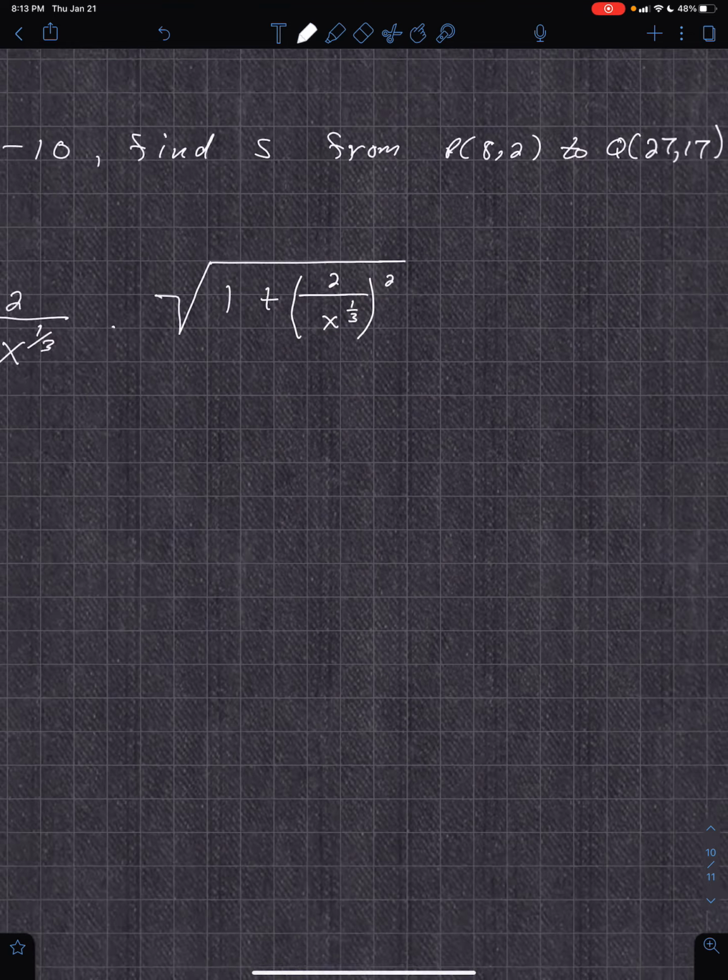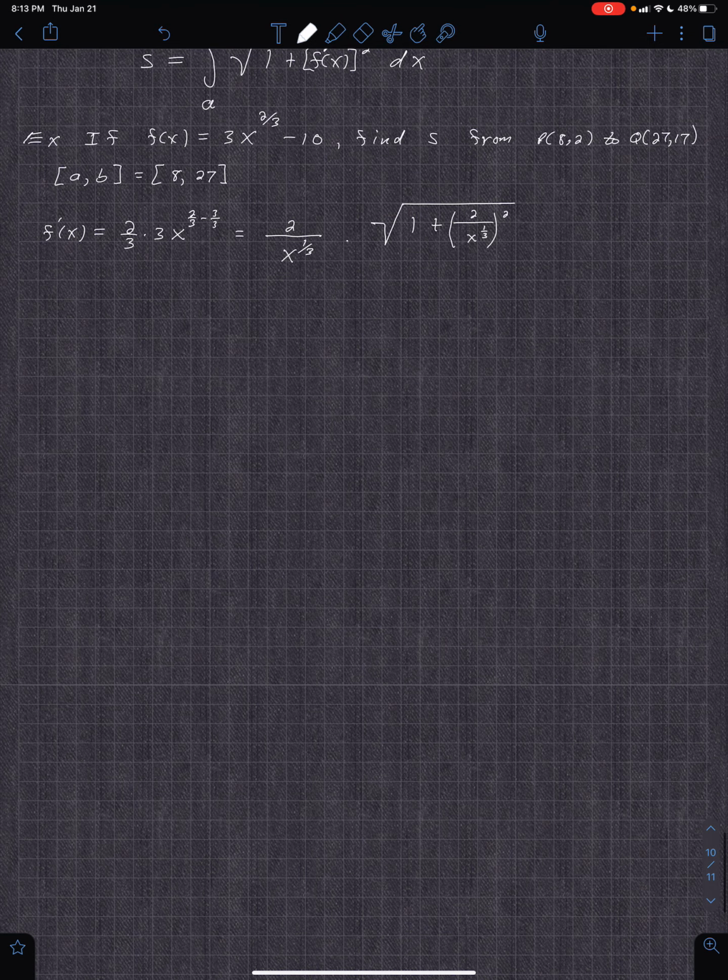That is f prime. Simplify that, and you get the square root of 1 plus 4 over x to the 2/3.